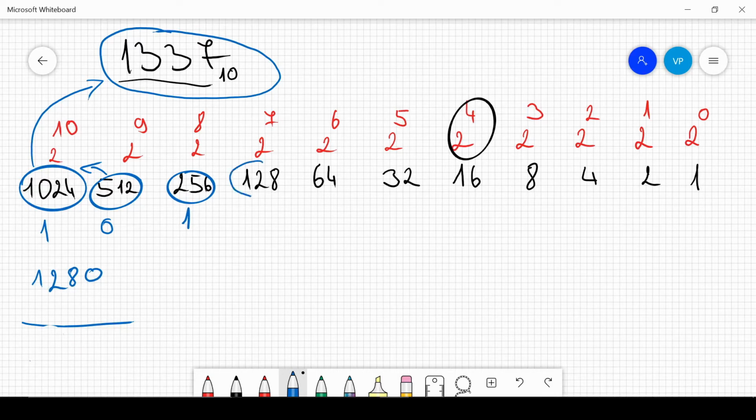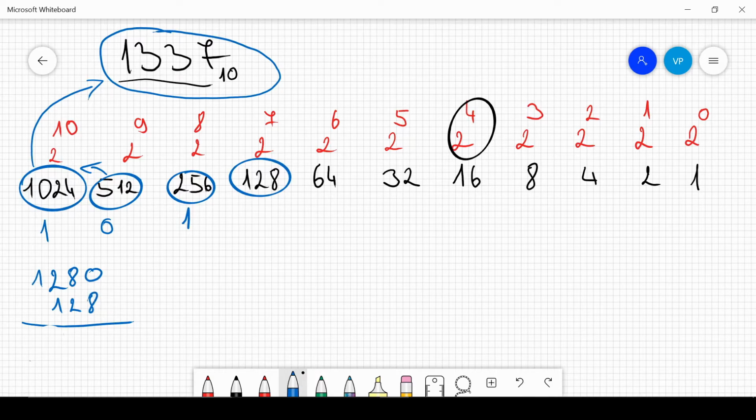So let's ask now if 128 is added to the 1280, does this go inside? So we put 128, sorry for this.